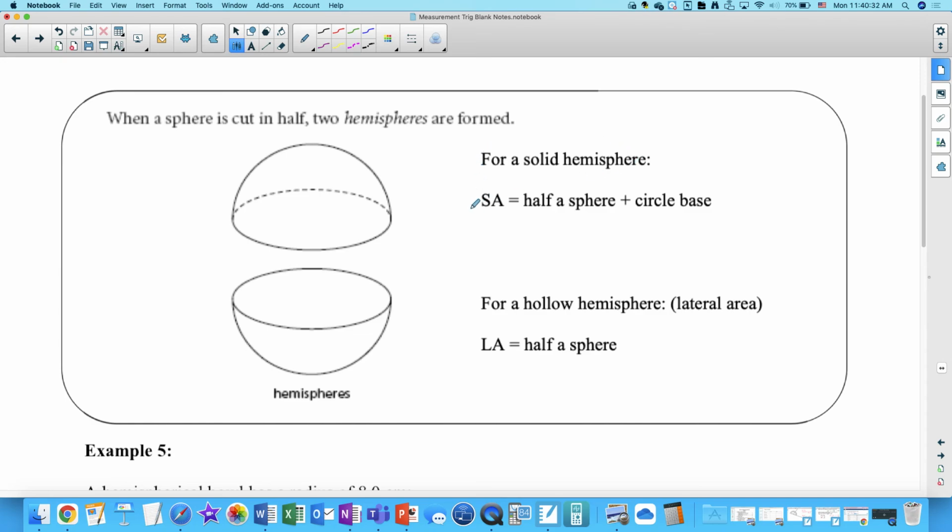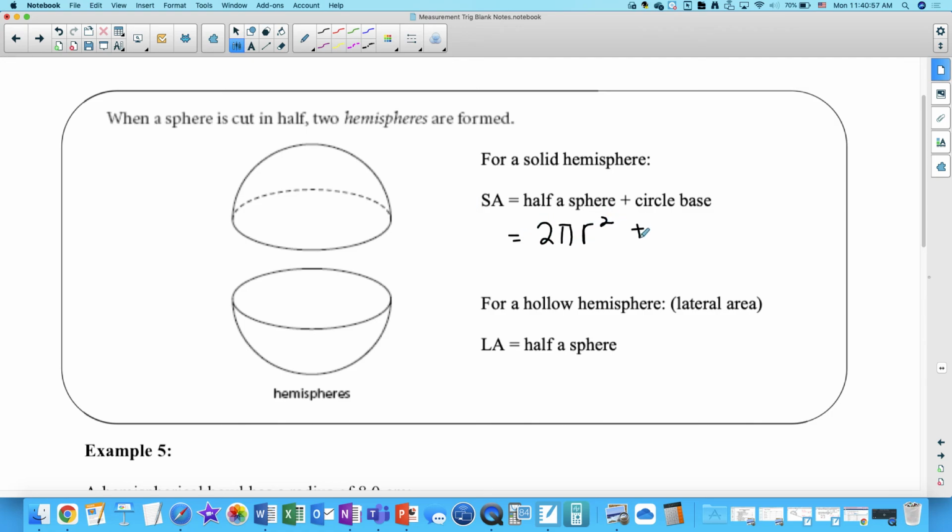For a solid hemisphere, there's actually going to be two surfaces. One of them is the hemispherical surface, and then there's also going to be the circle on the inside because it's not hollow, it's a solid circle. To get the whole surface area, we have to take half of a sphere. Half of a sphere, instead of 4 pi r squared, is going to be 2 pi r squared.